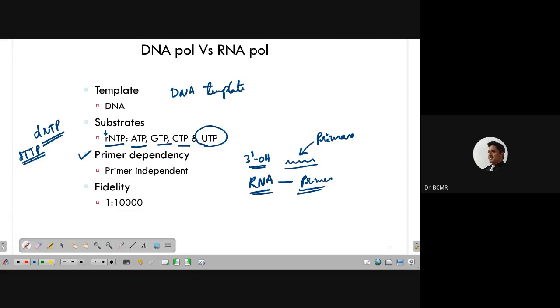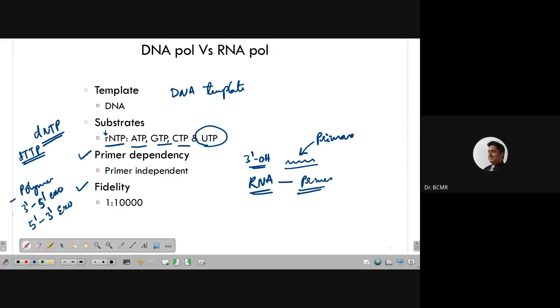And then there is also the fidelity issue. DNA polymerases have polymerase activity, and they also have 3' to 5' exonuclease activity. If you remember, some of the DNA polymerases, like DNA polymerase I, also have 3' to 5' exonuclease activity.